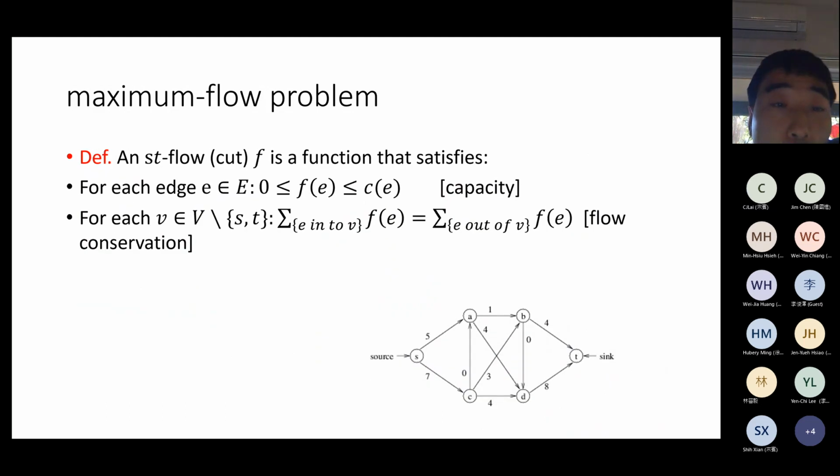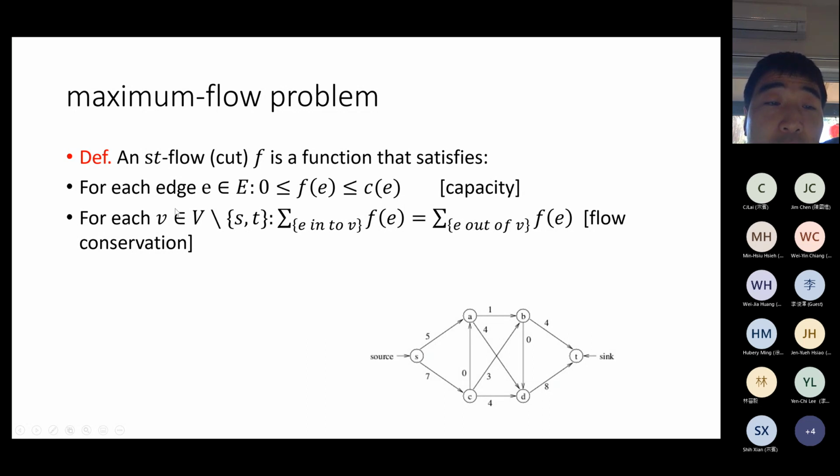That's the static property of the flow network, and we can also study the maximum flow problem. An S-T flow f is a function that satisfies, for each edge E, f(E) is between 0 and C(E). This is called the capacity constraint.